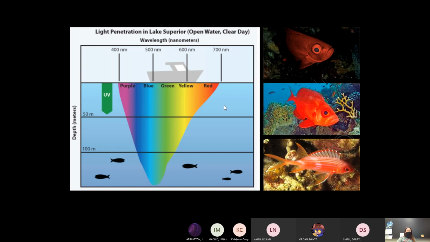As you go further down, you start to lose the purple and the yellows until you lose everything. So there are a lot of investments for underwater photography or videography, where they add or take away lenses to get a more accurate picture of what it looks like.